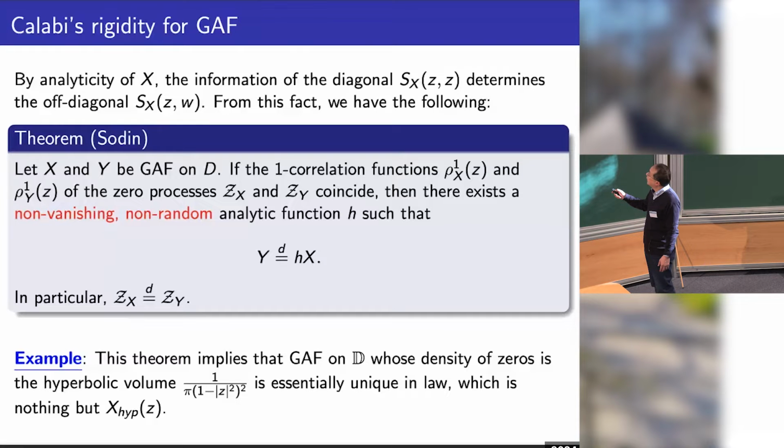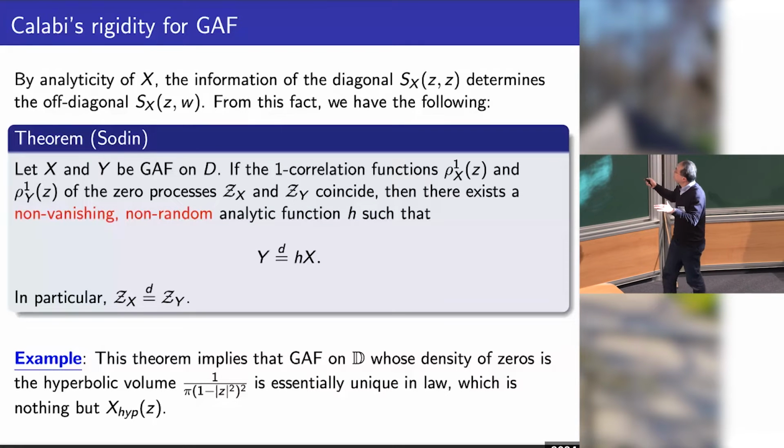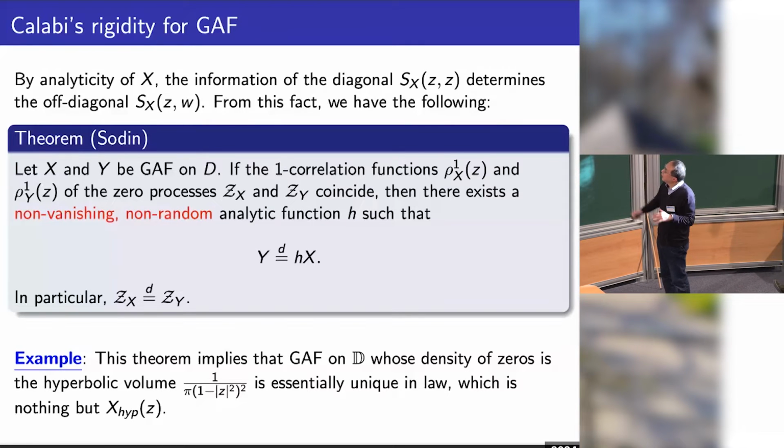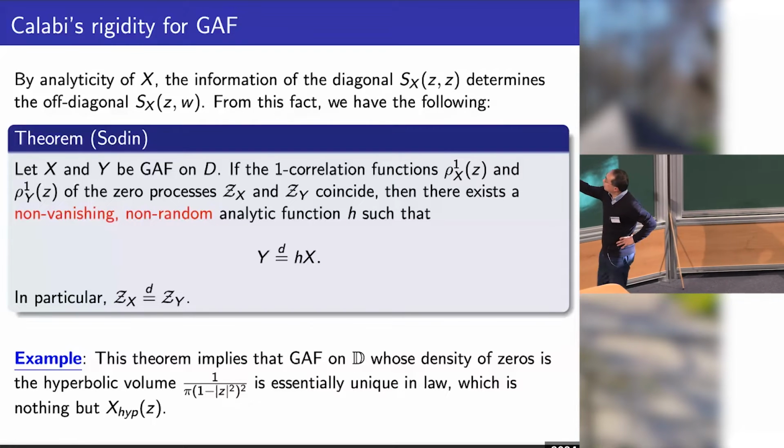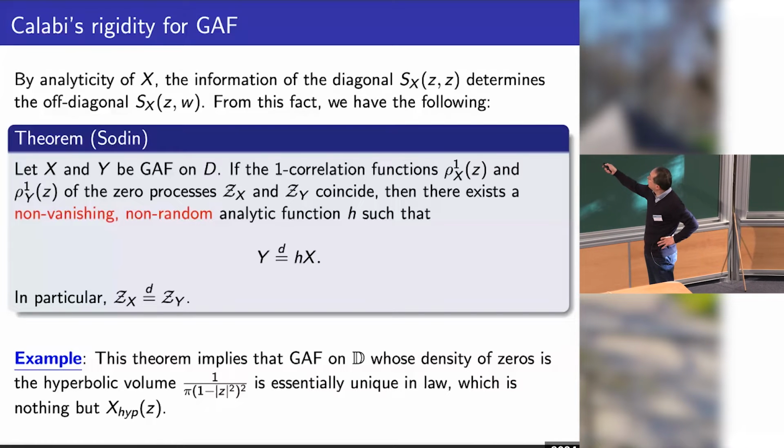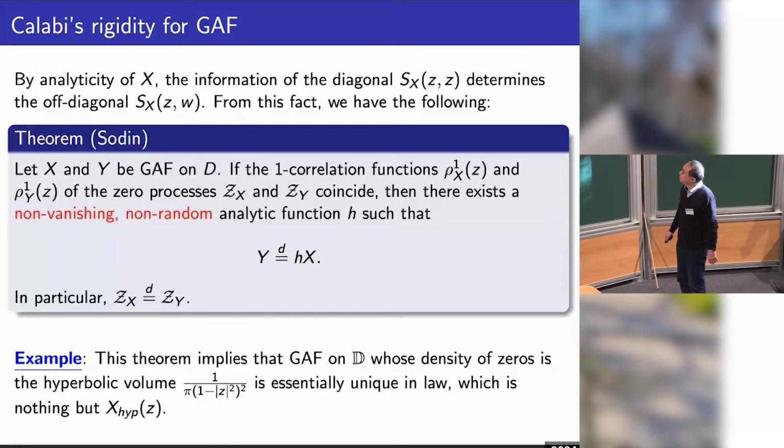So X and Y are graphs on some domain, and you consider the one-point correlation function, the density function of zeros, rho X and rho Y. If they are the same, then there exists some nice non-vanishing, non-random analytic function h such that Y equals h times X in law. Of course, the zeros are also equal in law, because h is a non-vanishing function, so the zeros are preserved.